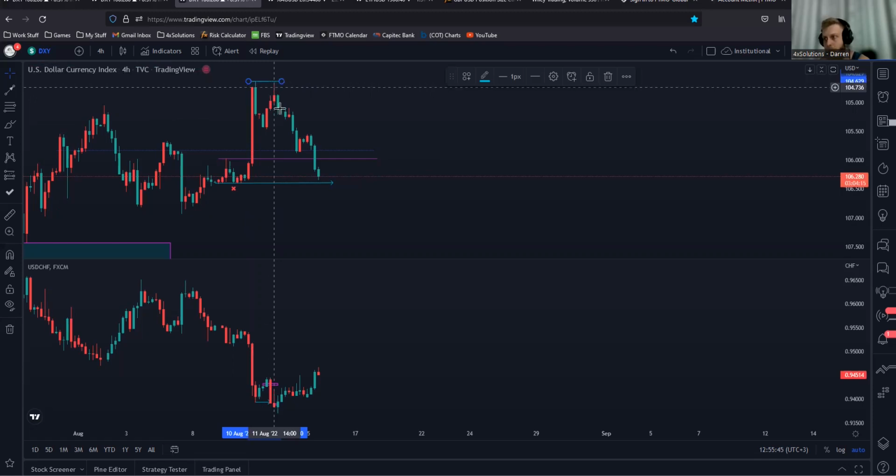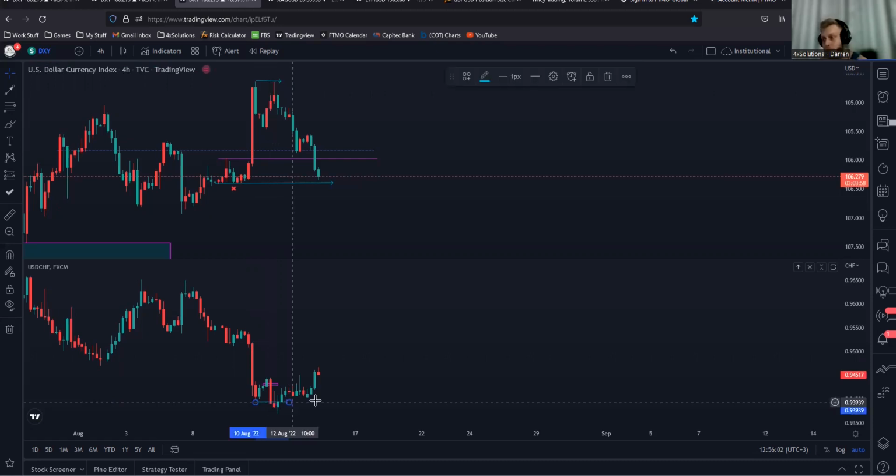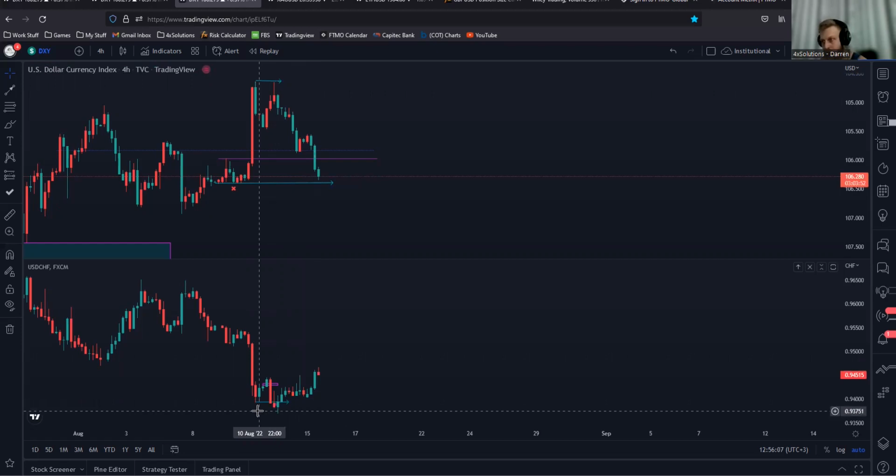And if that was what I was measuring from this high over here to make the equal highs, where are the equal lows? Because this USD Swiss franc should be moving symmetrically to the DXY, meaning it should be doing the exact same thing. And it wasn't, so there was manipulation.